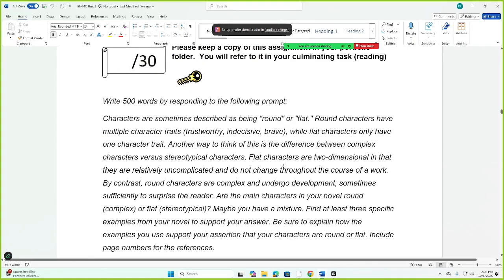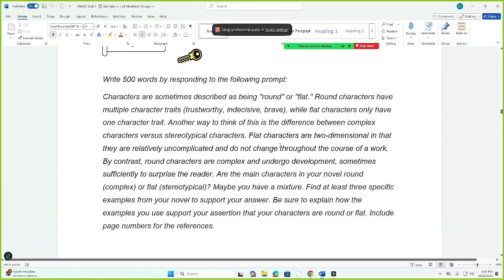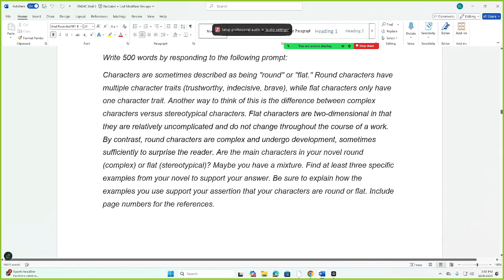We also defined static and dynamic characters on top of the flat and round that are mentioned in the actual key question. And that's fine. The key question does ask specifically for examples of round and flat characters, but you can also use the definitions and descriptions of static and dynamic to supplement your writing as well.